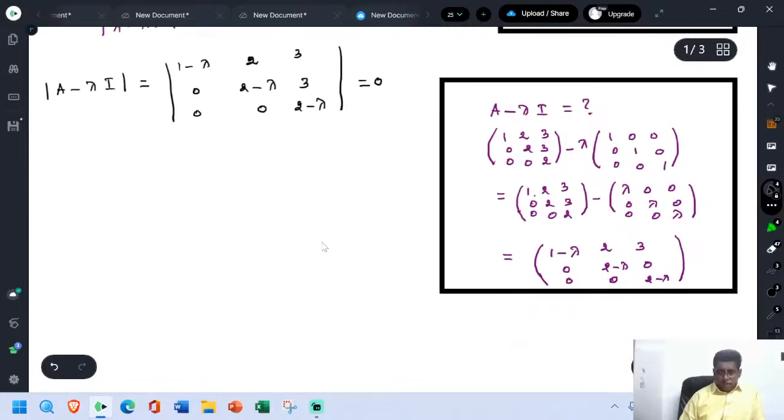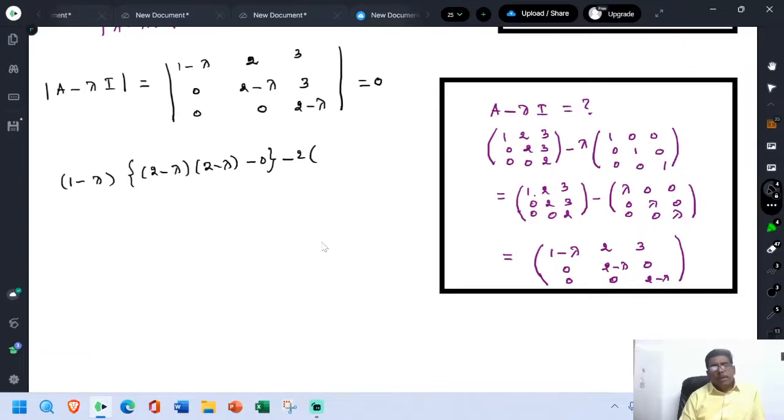Now take the determinant. There is 1 minus lambda, leave this column and this row, (2 minus lambda)(2 minus lambda) minus 0 times 3, 0. Then minus 2 times, leave this column and this row, 0 times (2 minus lambda) minus 0 times 3, so this is 0. Plus 3 times, leave this column and this row, 0 times 0 minus 0 times (2 minus lambda), 0.